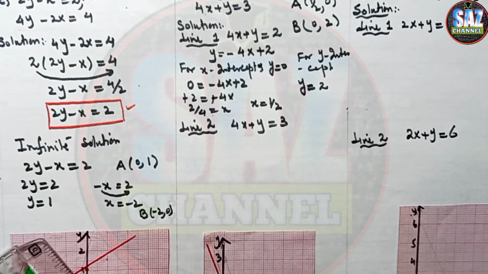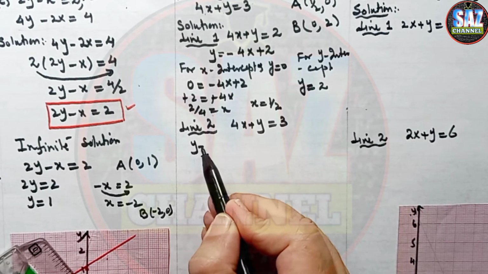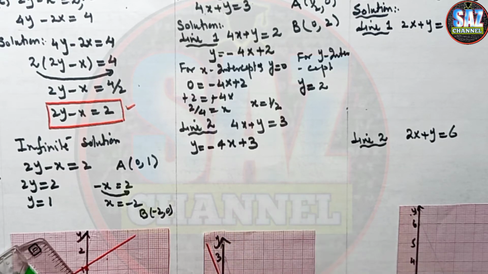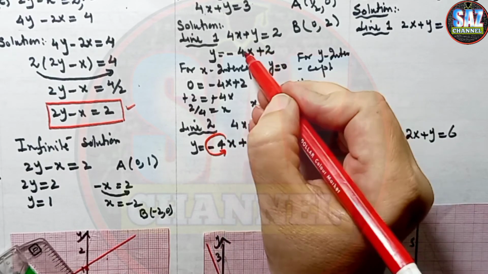Let's go to the second equation and rearrange that equation: y equals minus 4x plus 3. One thing that we have to observe is the coefficient of x in both the equations.